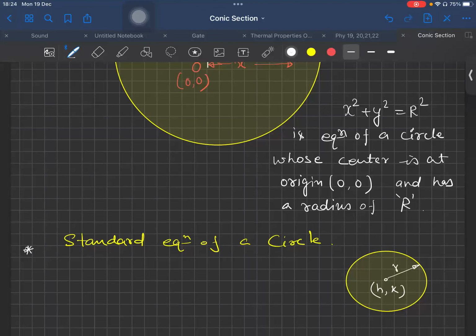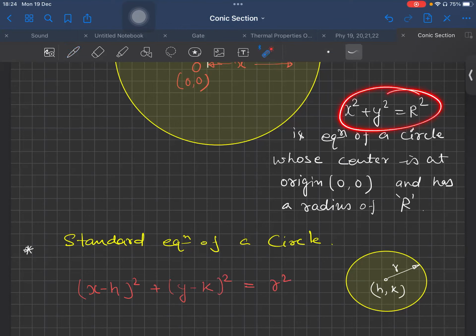So what will be the equation of the circle? Anybody of you know? So the standard equation of circle is defined as (x minus h) square plus (y minus k) square is equal to r square. Now you just compare these two equations.